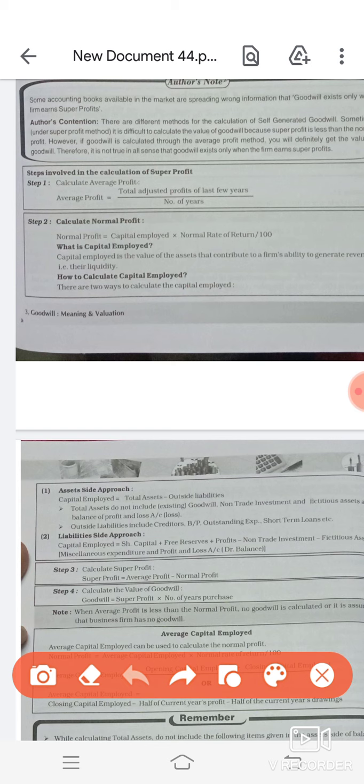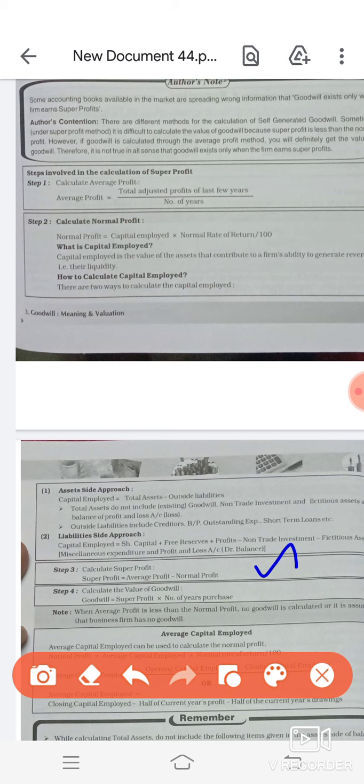In this we already know how to calculate the average profit, that is adding all the profit for all the years. If there is any loss or adjustment, we have to make that adjustment, and after that we have to divide by the number of years of the profit. We will get the average profit. The next one is how to calculate the normal profit.